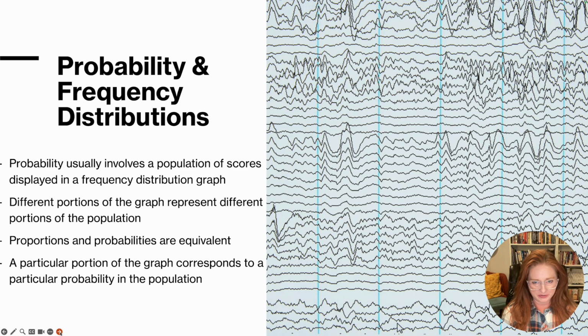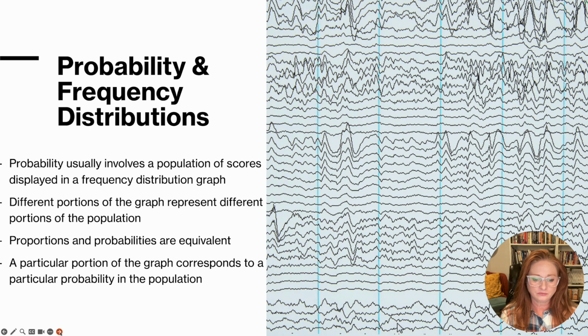Probability and frequency distribution. So think back to like lecture 2, right? Probability usually involves dealing with a population, and then we need to use it with a sample, okay? It's displayed in a frequency distribution graph, meaning when you're dealing with a population, you know a lot about the mean, the mode, and the median.